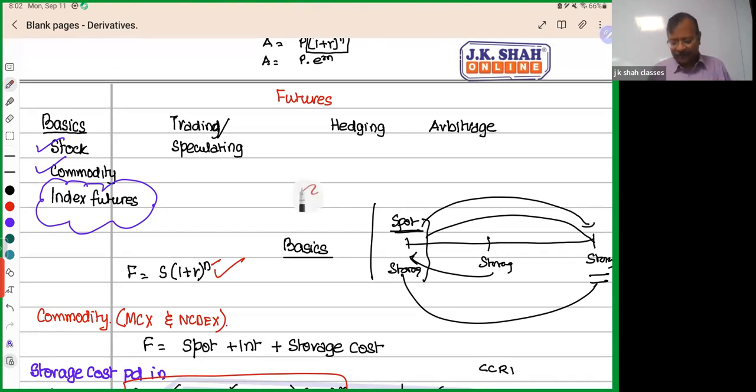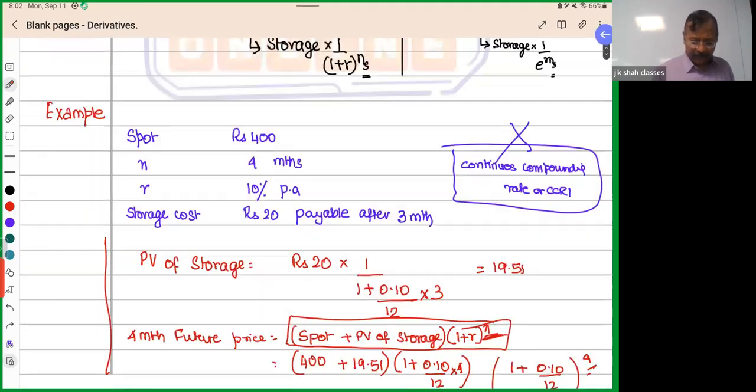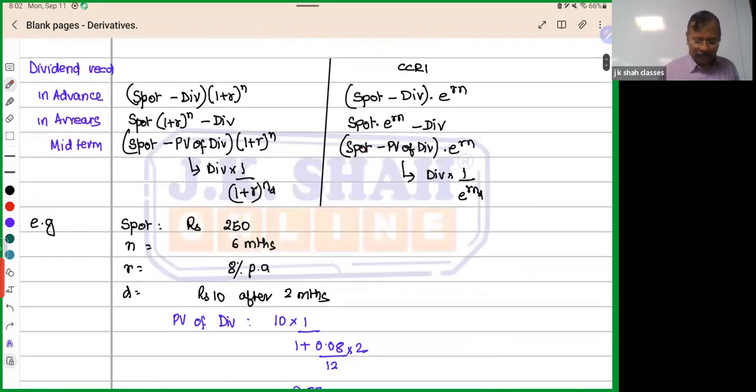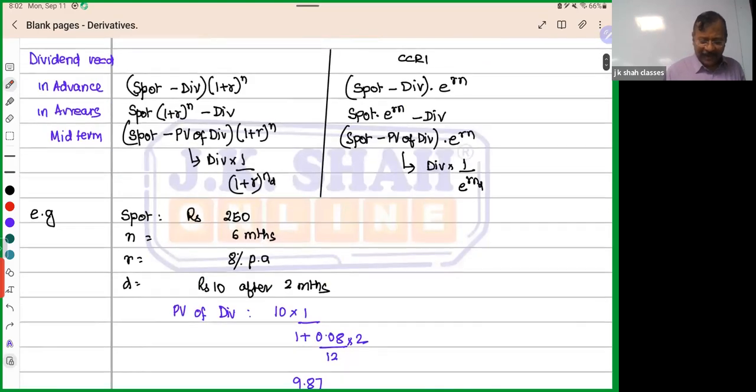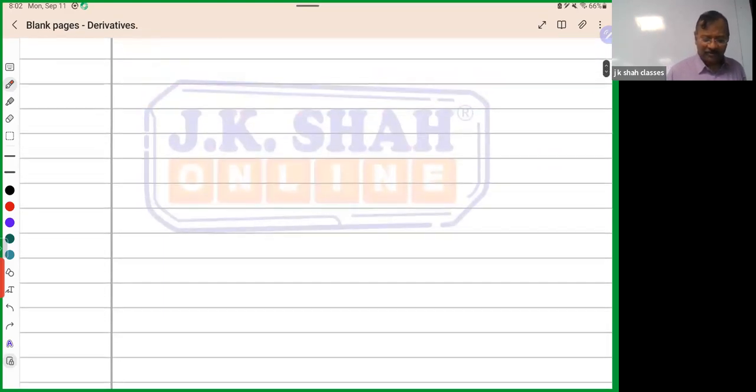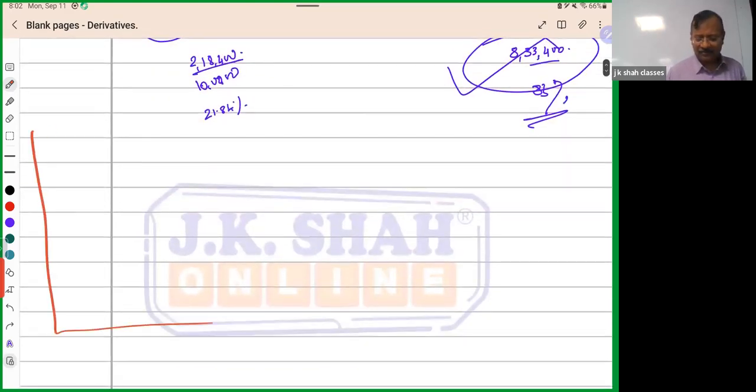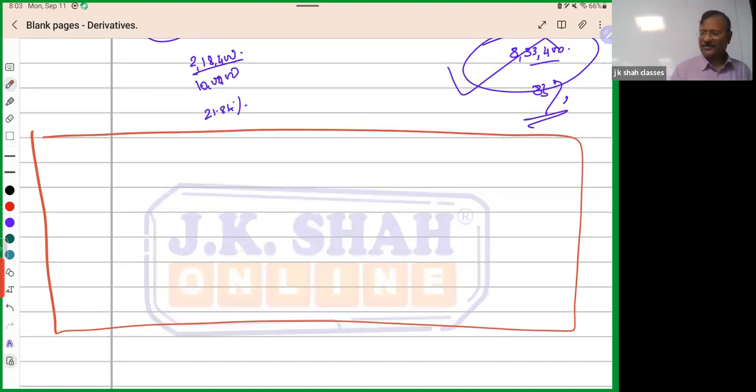And do one thing, after the stock futures you have written, leave about 4-5 lines. There we'll fill up whatever we need to write for index futures. Okay.